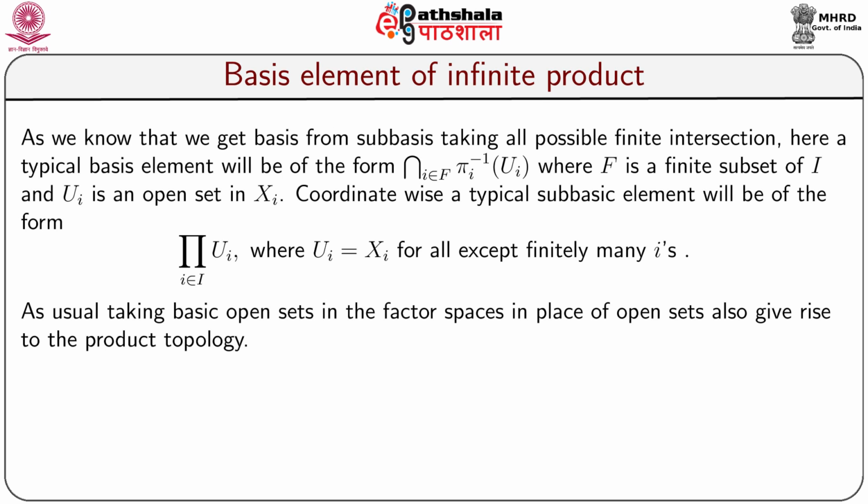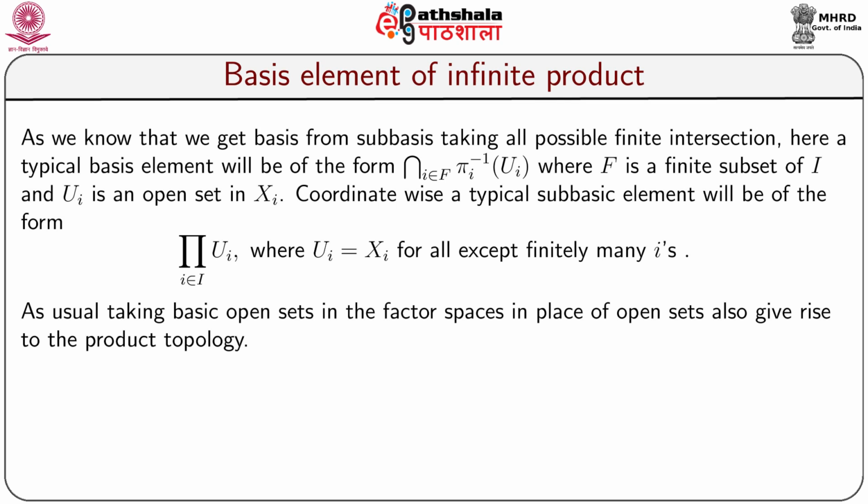We have already understood that a typical subbasis element will be a product of U_i, where U_i is equal to X_i except for only one coordinate. Now, when we construct the basic open sets from subbasic open sets, we take all possible finite intersections. That means we take the intersection over i belonging to F of π_i inverse U_i, where F is a finite subset of I.